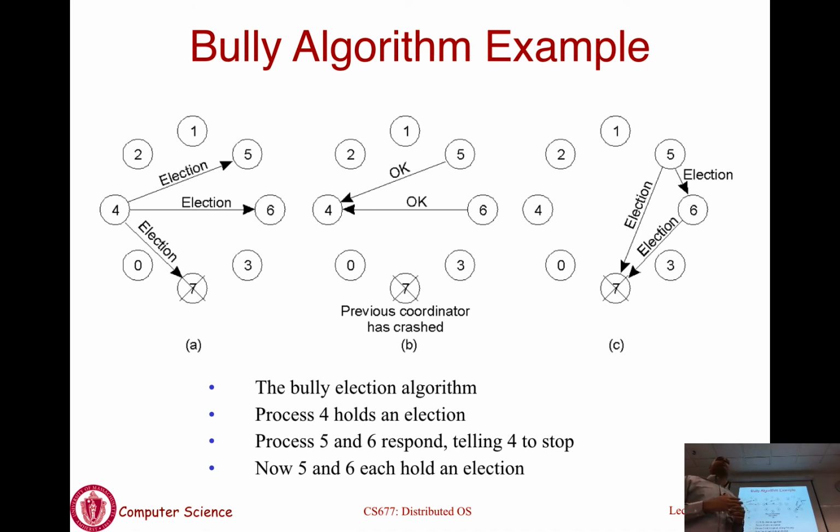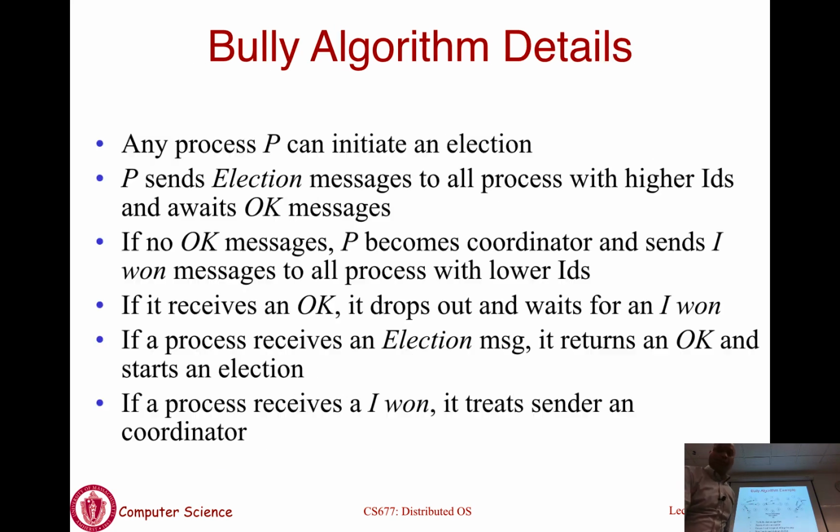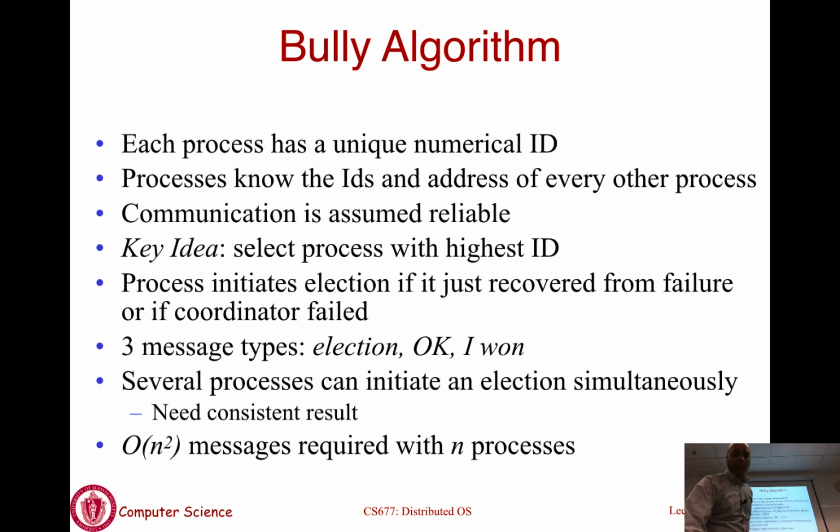If process 0 kicks off the election, you are going to have order n square overhead, which is what was mentioned here. The worst case is when the lowest ID process initiates the election, so it will recurse, and every process will have to start an election until you get to the highest ID process. That results in order n square overhead. That's indeed an overhead of the technique, the complexity of the algorithm.